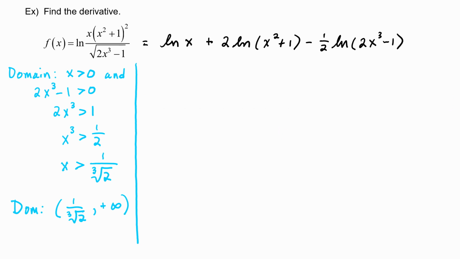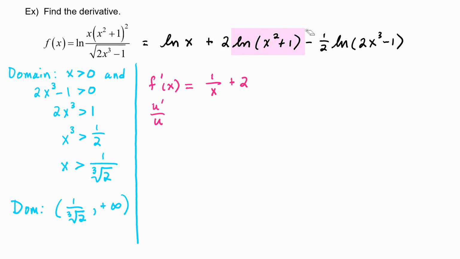Now we are ready to find f prime of x, and we will be using the u prime over u rule for each of these terms. For the first term, natural log of x, u prime over u becomes 1 over x. Then we bring down the plus and that constant of 2.